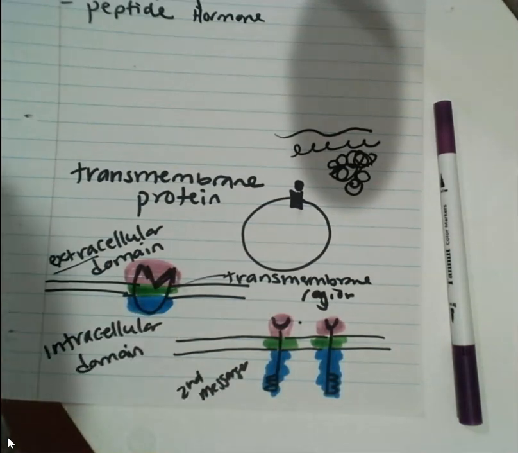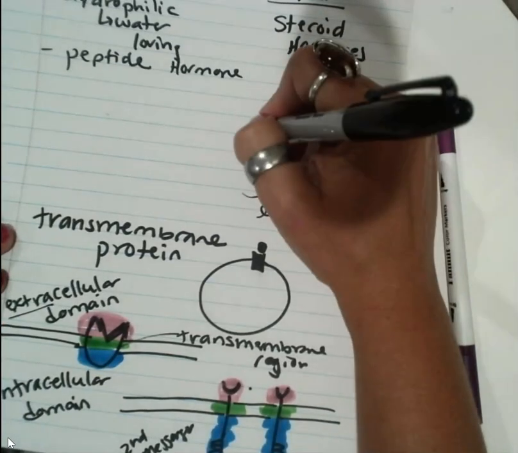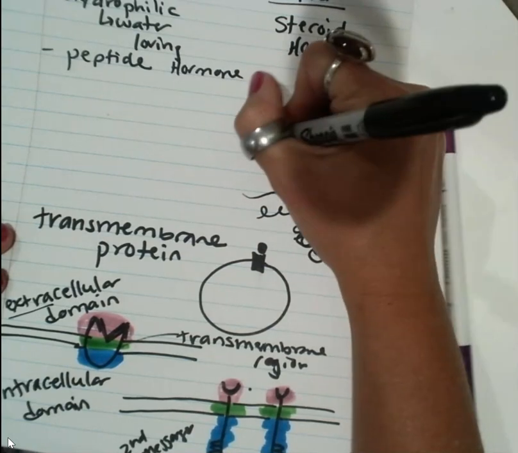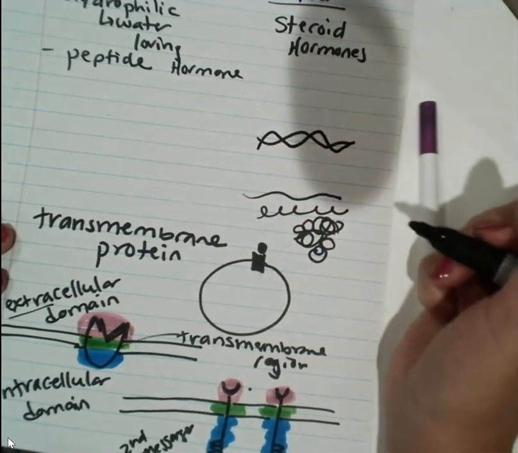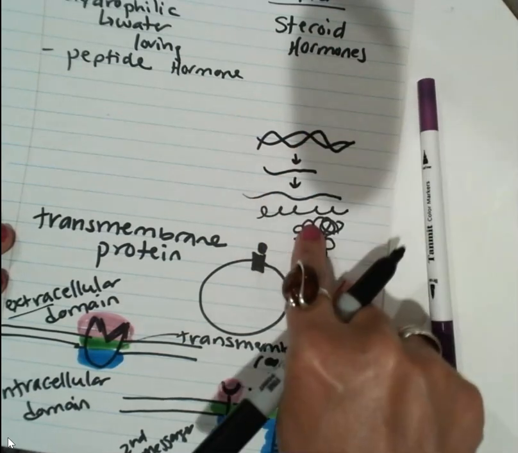Now, why this matters is because you can connect cell communication to other units and other ideas. Our protein is the sequence of our amino acids, and how our protein folds up is based on the sequence of our DNA, then we have that messenger RNA, and then our protein.